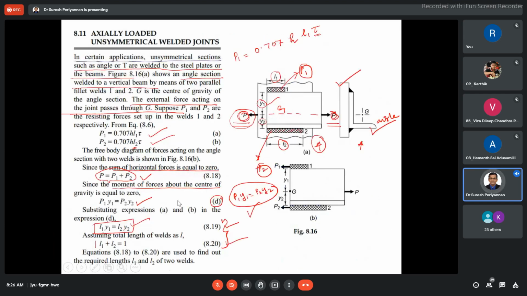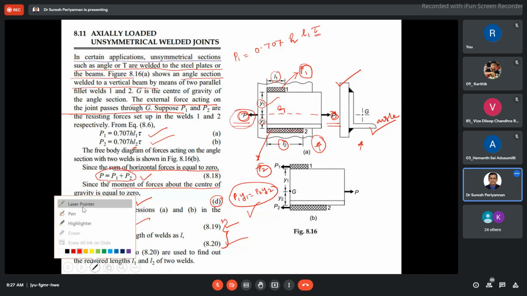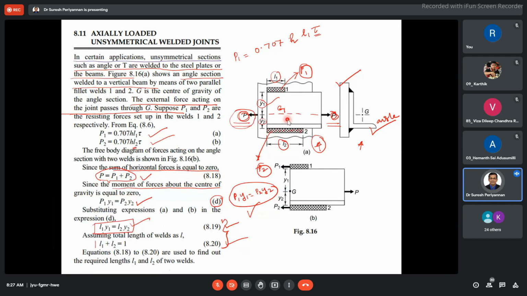Later we discussed axially loaded unsymmetrical welded joints. Here the top and bottom welds, W1 and W2, are of unequal length. Since the weld lengths are unequal, we call these unsymmetrical welded joints.